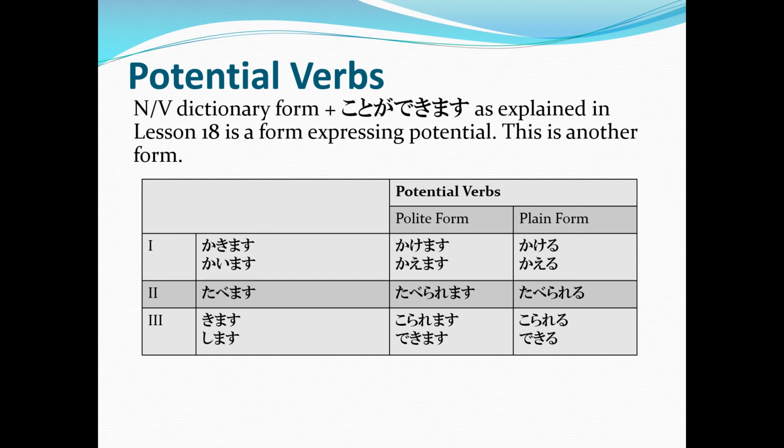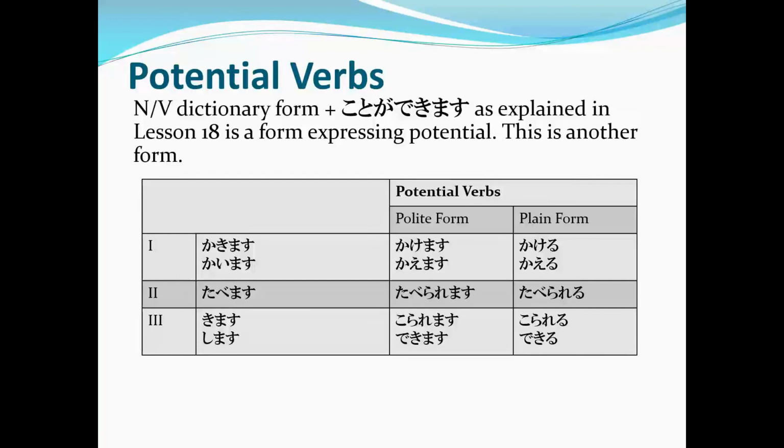And for plain form, it's korareru, which again means can come. Remember, kimasu, potential verb polite form koraremasu, and then plain form korareru. That's just it.